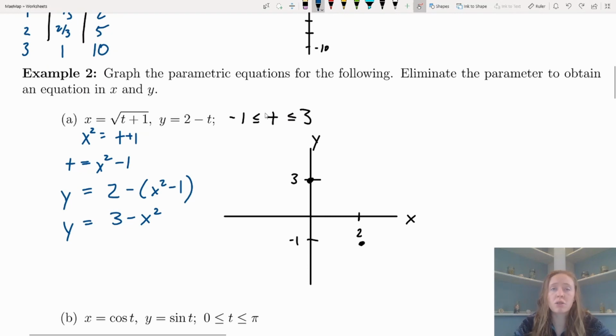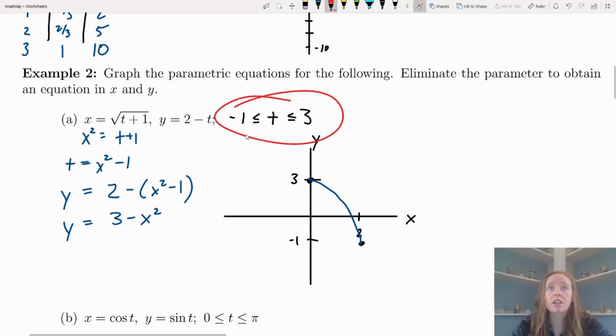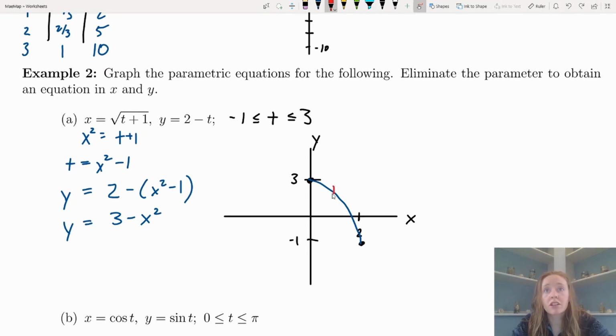And because I know this looks like a parabola, I'll go ahead and connect those dots. So there's my function graphed and my direction. Remember, we started when x was 0 and went until x was 2. So my direction, again, is going from the left to the right.